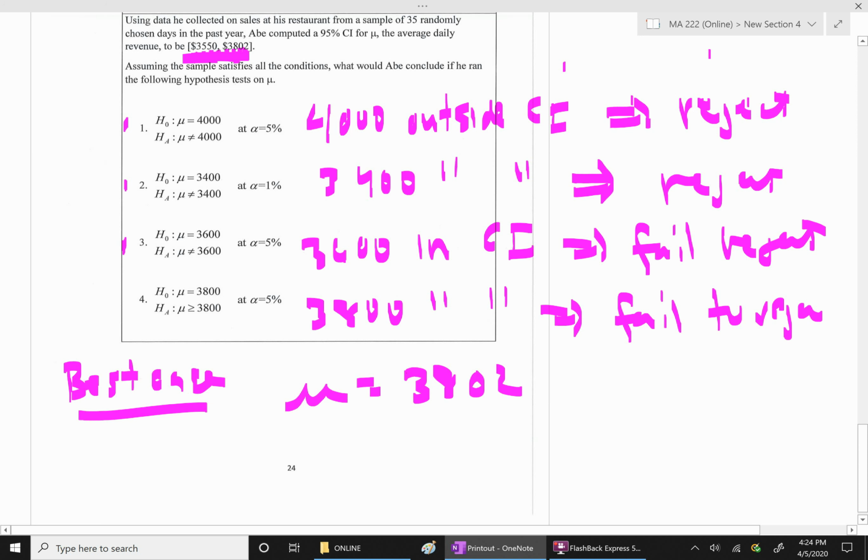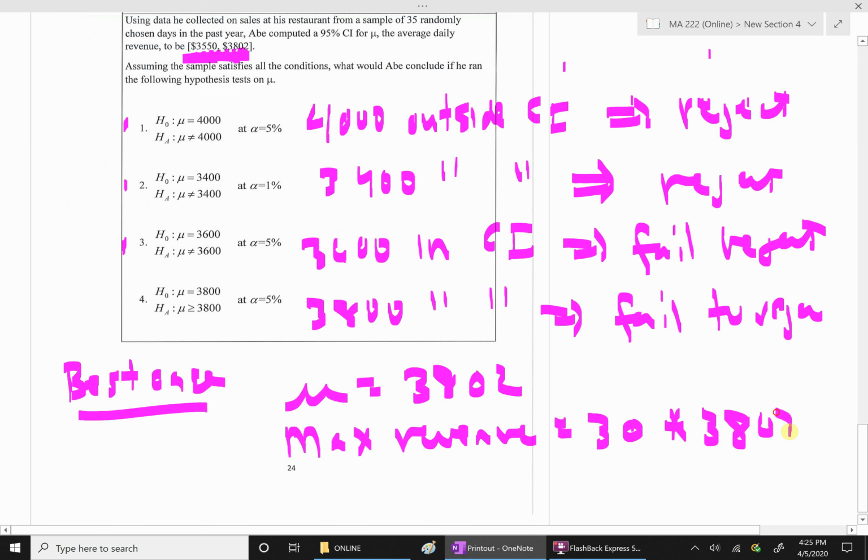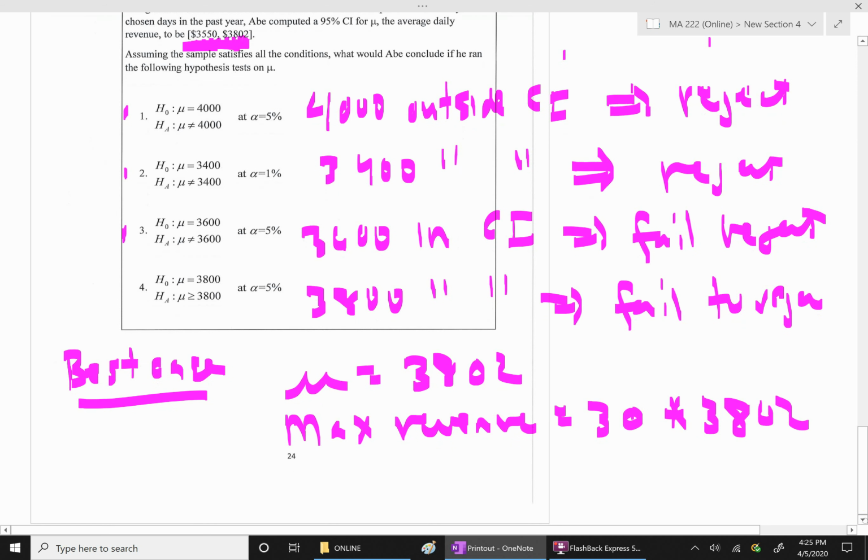So if he wanted to compute the maximum expected revenue over 1 month, he'd take mu times 30. So the max revenue would be 30 times 3,802.